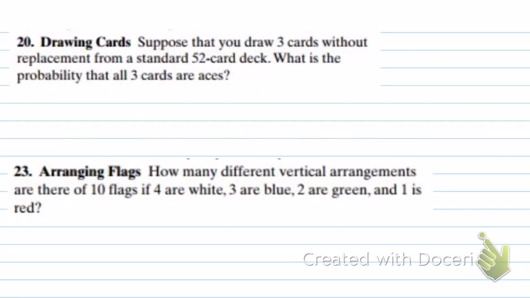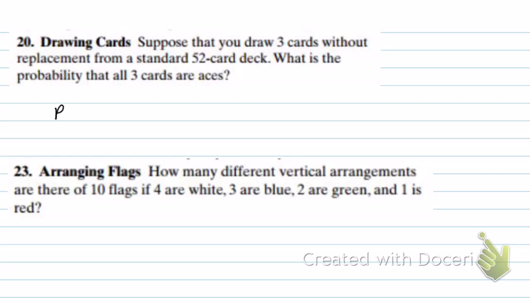All right, I'm going to draw 3 cards from a standard 52 card deck. What's the probability all 3 are aces? That means ace and ace and ace. Now, I'm not putting the cards back.